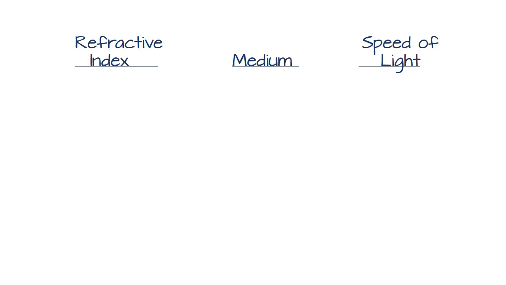In determining the refractive index, the scale, what numbers to give what materials, we start out with number 1 given to the speed of light in a vacuum, because the speed of light in a vacuum is the fastest thing that we currently know of.